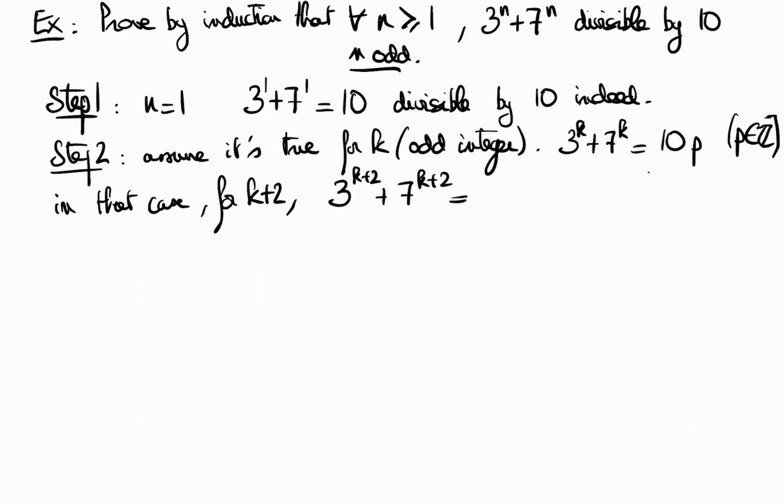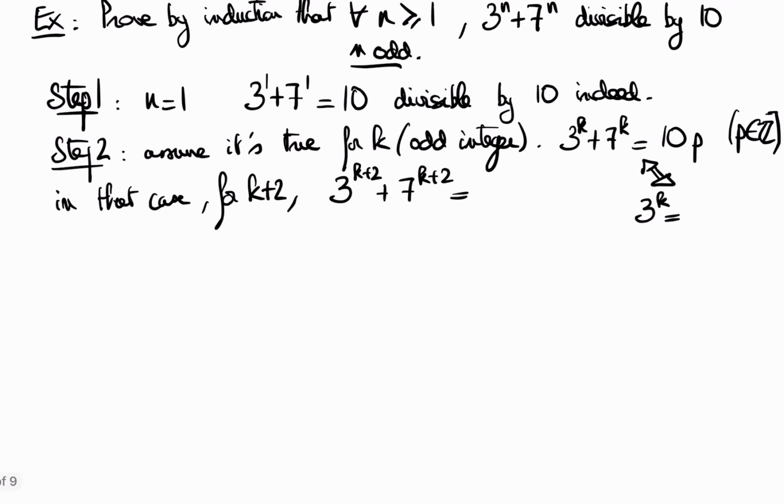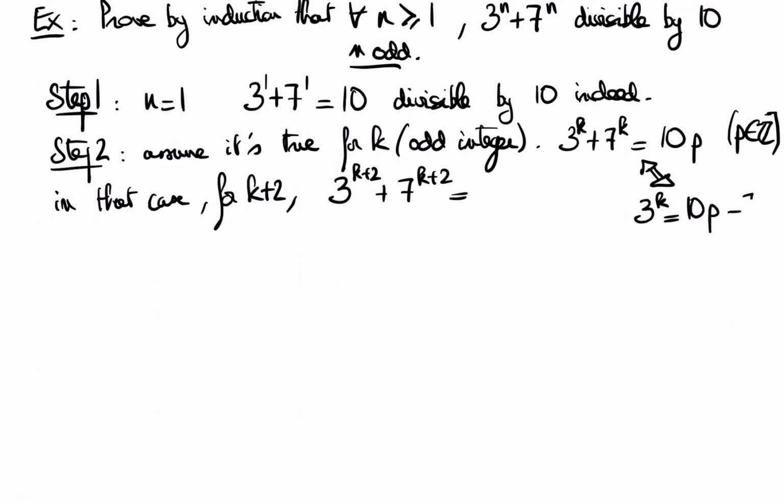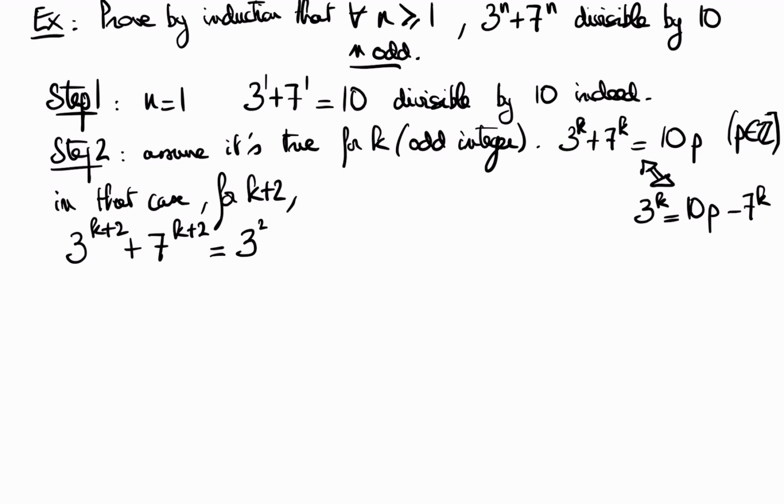okay. So from this one, what we can do is we can rewrite 3 power of k. To use our assumption, we just need to reorganize the equation here. So it's 10p minus 7 power of k. So therefore it's equal to, you know what, let's move that somewhere else. 3 power of k plus 2 plus 7 power of k plus 2 is equal to 3 power of 2 times 3 power of k plus 7 power of k plus 2.